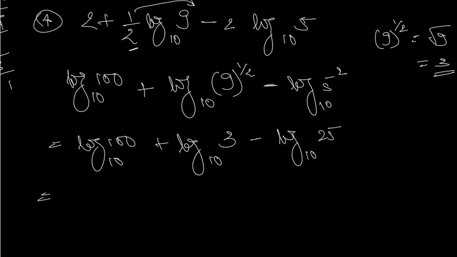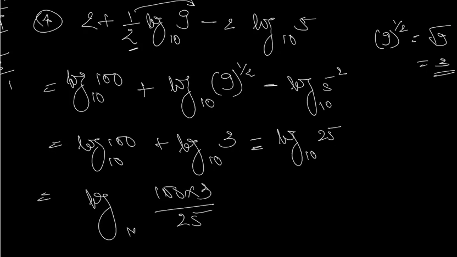Now addition gets converted into multiplication, so you can write it as log of 100 into 3, and subtraction gets converted into division upon 25 to the base 10. 25 4s are 100 and 4 3s are 12. So it becomes log of 12 to the base 10.